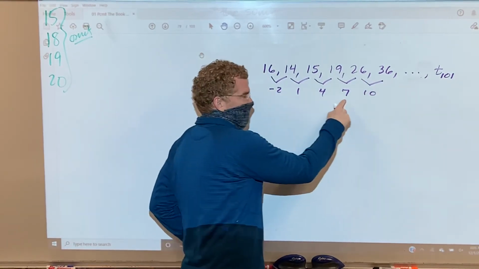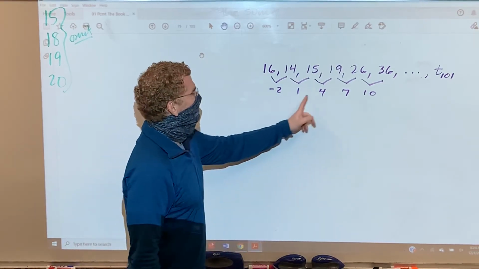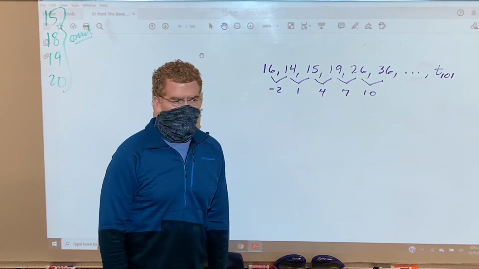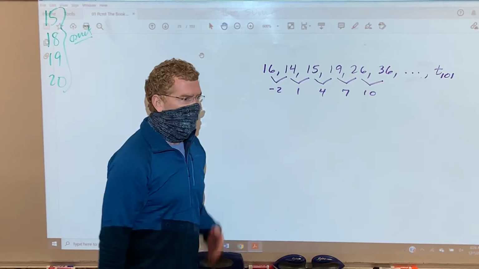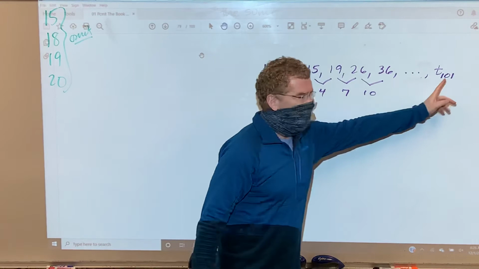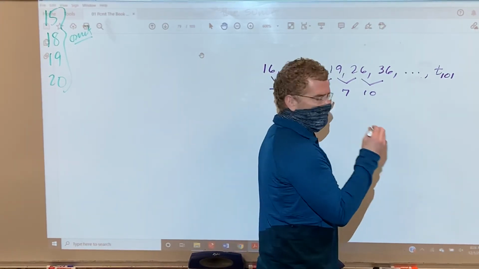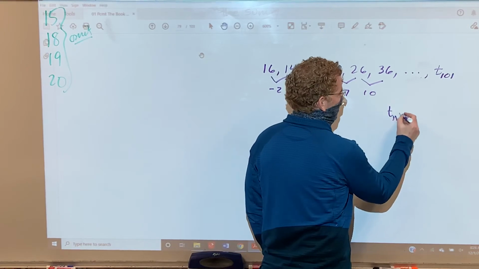This has to be arithmetic. Is it? Yes. Looks arithmetic to me. Looks like I'm adding 3, adding 3, adding 3, adding 3. So I check the box. Great, it's quadratic. So if it's quadratic, what do I need to find the 101st term? Your formula. The n squared. So I have to find that formula, right?